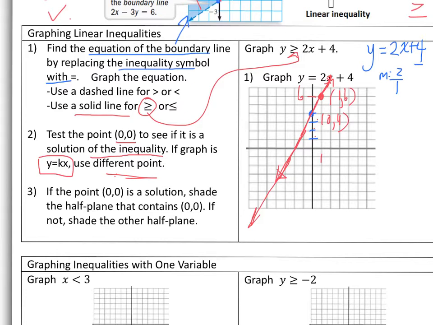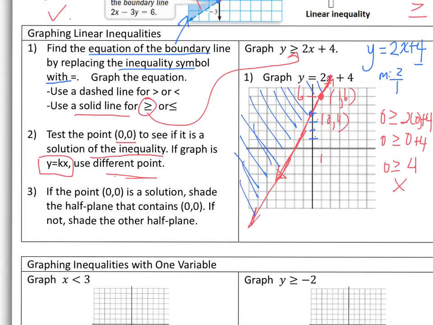So I'm going to sub in 0, 0. 0 greater than 2 times 0 plus 4. 0 plus 4. This does not make any sense. So 0 cannot be greater than 4. So 0, 0 is definitely not a solution of this inequality. So we need to shade the left hand side. We cannot include 0.